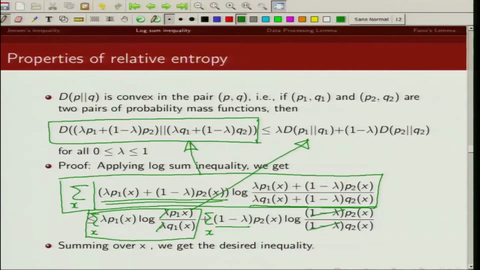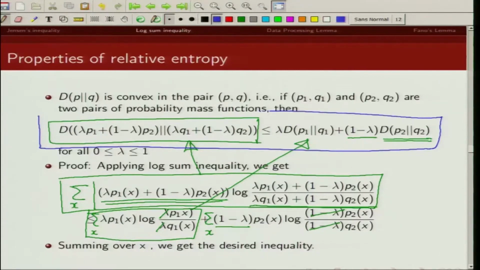So this term will be 1 minus lambda times divergence between p2 and q2. So using the log sum inequality, we have shown that this relation holds, and from Jensen's inequality we know this is the condition for the divergence function to be convex in the pair P and Q.